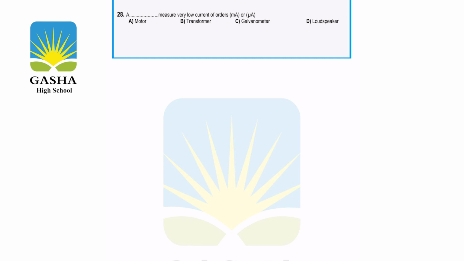A transformer is used to step up or step down, increasing or decreasing, a potential difference. The galvanometer, which is the correct answer, is used to measure a low order of current between milliampere and microampere. And a loudspeaker converts current to signal. So galvanometer is the correct answer.